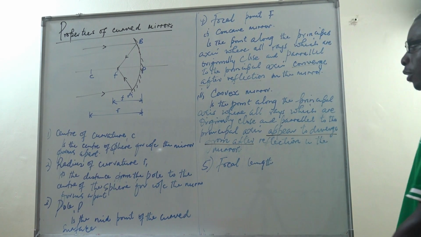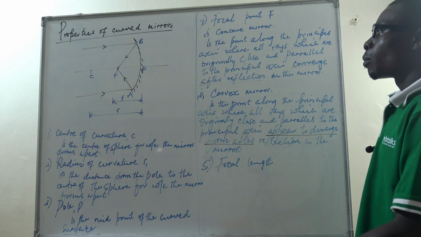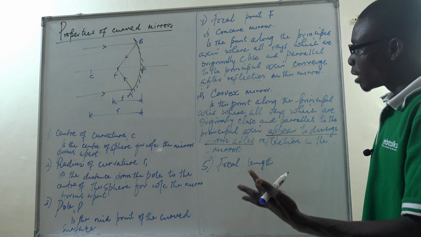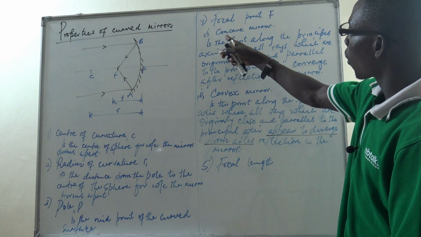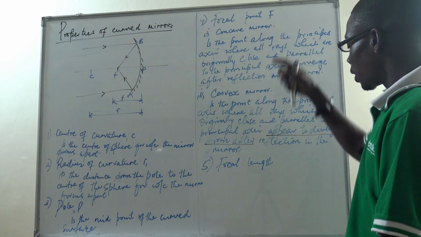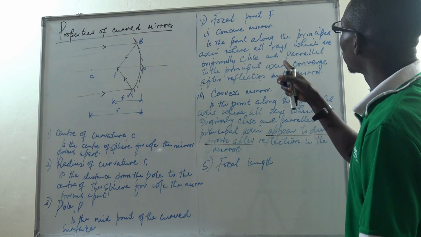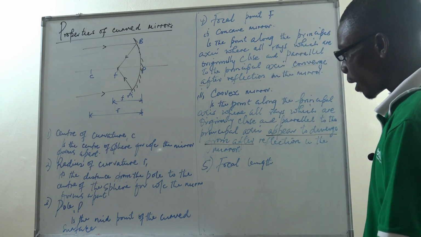We can simply say focal length is the distance from the pole to the focal point. As simple as that. Or if you want to define it in big words, for a concave mirror, you can say it is the distance from the pole to the point along the principal axis where all rays are.